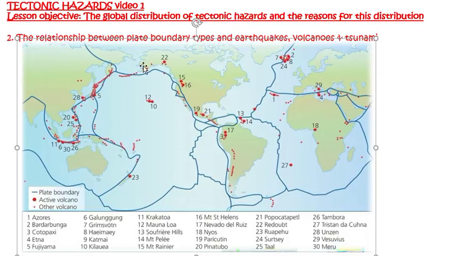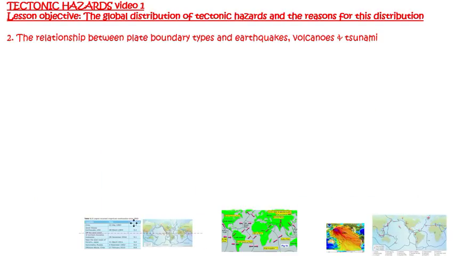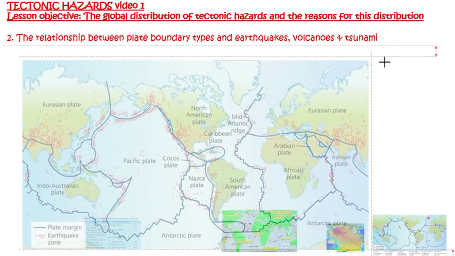And you can see there's a pretty strong overlap between plate boundaries and where we find... Why have I done the volcano one first? No, we'll do earthquakes first. My OCD will kick in if I don't.